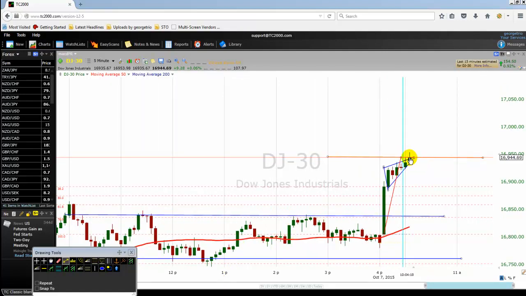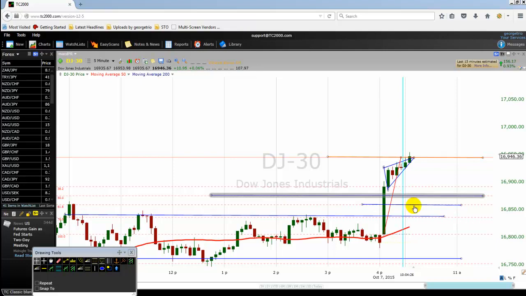So we will see whether they will bring it back down. If they start bringing it down, I want to buy somewhere between the 50% Fibonacci retracement level and the 61.8% Fibonacci retracement level of the first 30-minute candle.